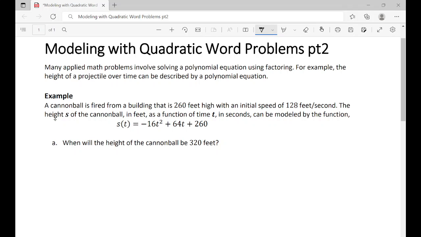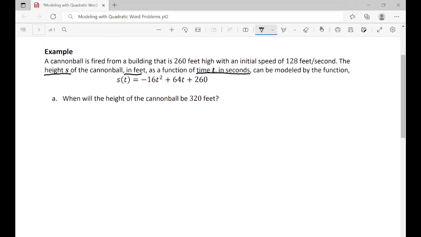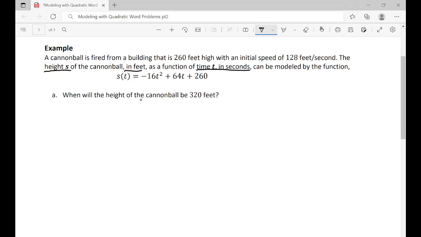So we can see from the question, the height s is in feet and time t is in seconds. So s represents the height and t represents the time. So when will the height of the cannonball be 320 feet? So we know that the height is 320.